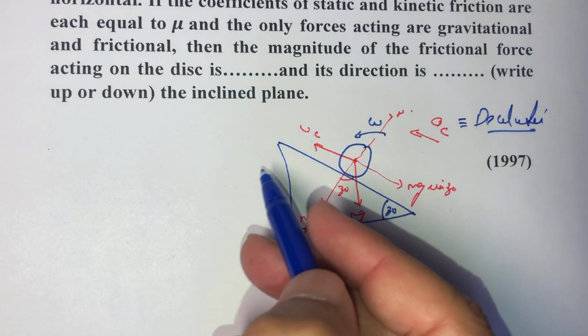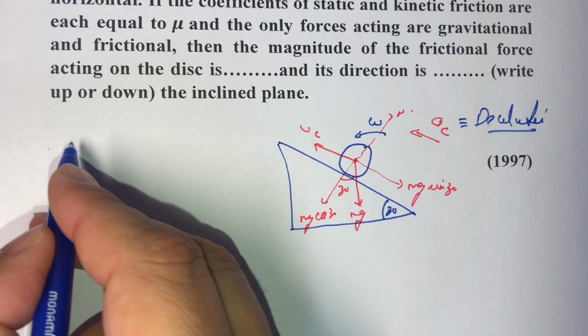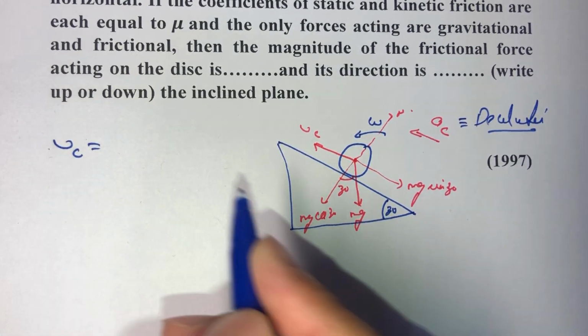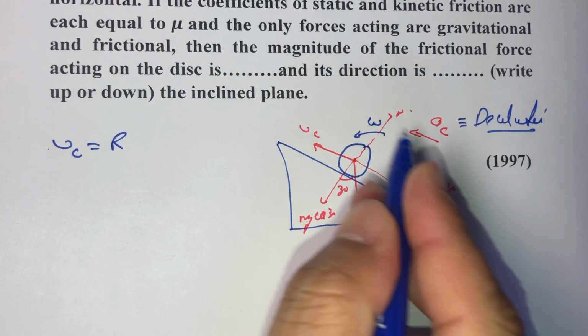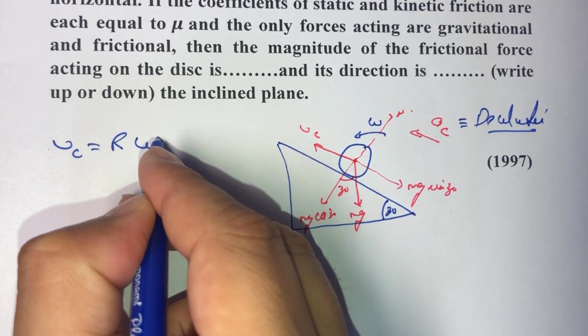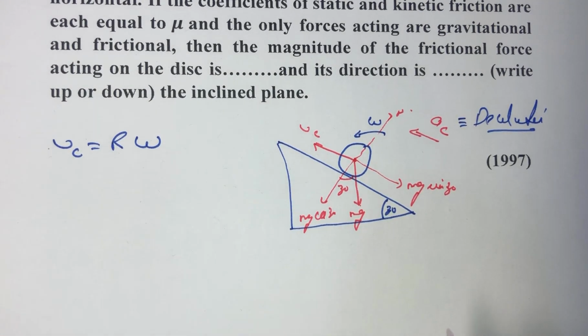We know the equation Vc is equal to r omega, where r is the radius and omega is the angular velocity. Call this equation 1.